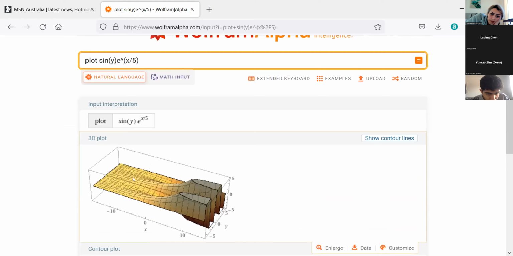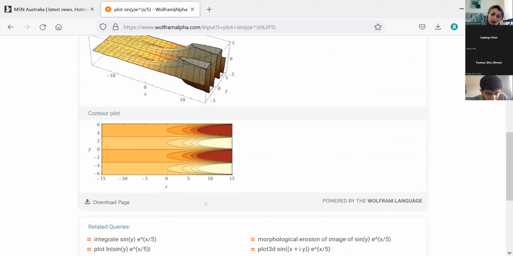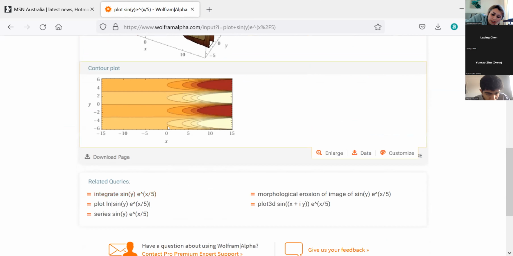You can see for each of them the graph, and also you can see the contour plot. Contour plot means you are looking at the graph from the top. For example, you go on an airplane and look at the ground from the sky.